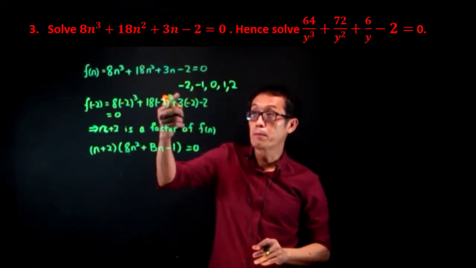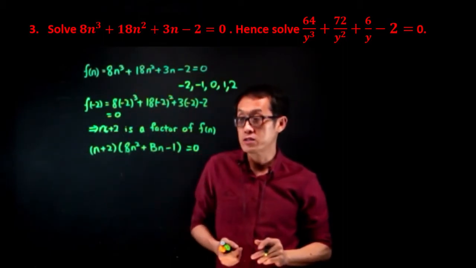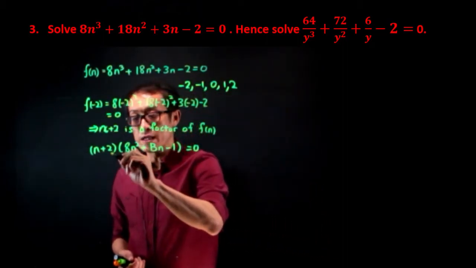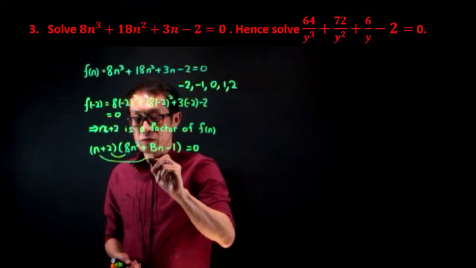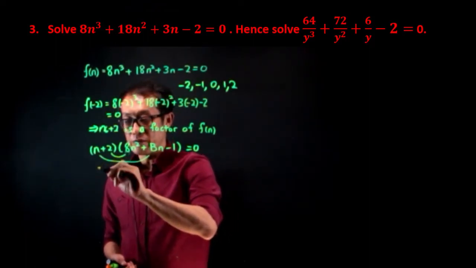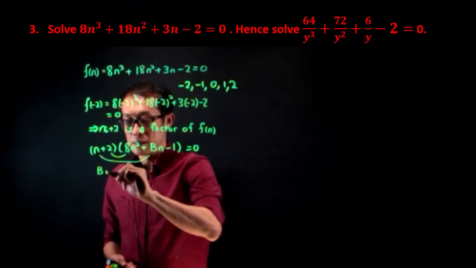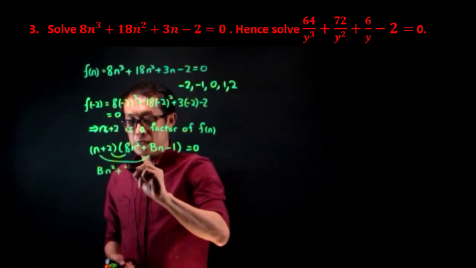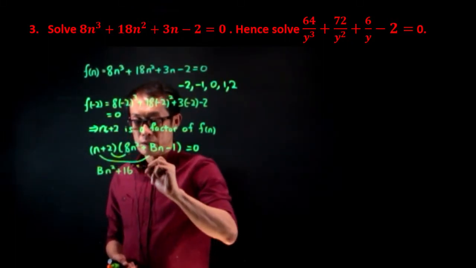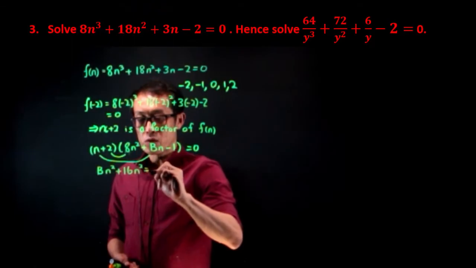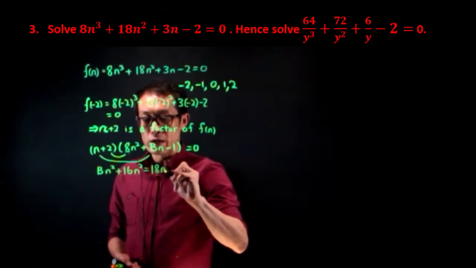Now let's compare the coefficient of n squared. So this and this will get an n squared, and this will get an n squared. So you have bn squared plus 16n squared equals 18n squared.